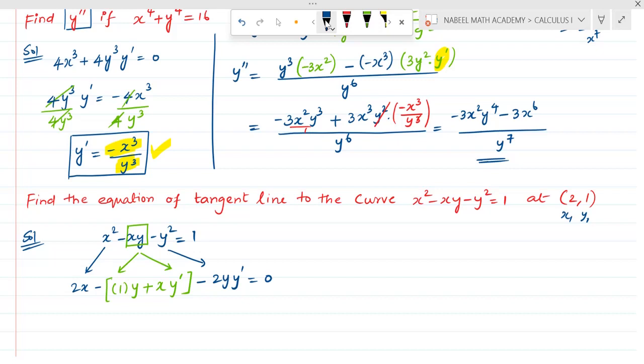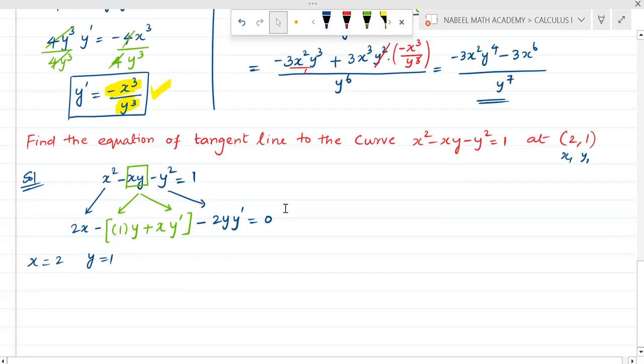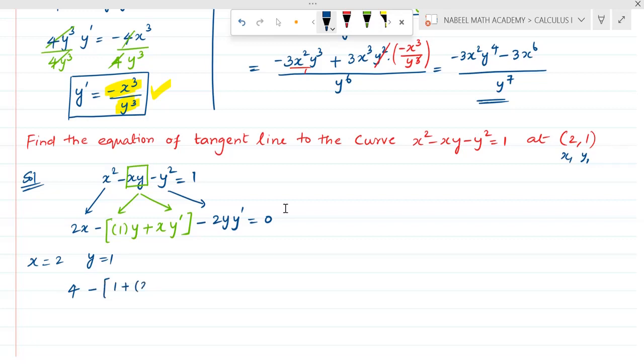So I substitute x equals 2, y equals 1. When I substitute the values, what will we get here? 2 into 2, that is 4. So the first part is 4. Here 1 plus 2 times y prime, and 2 times 1 into y prime equals 0.